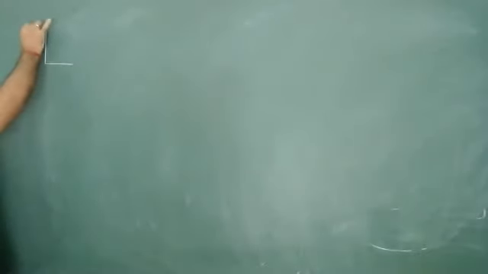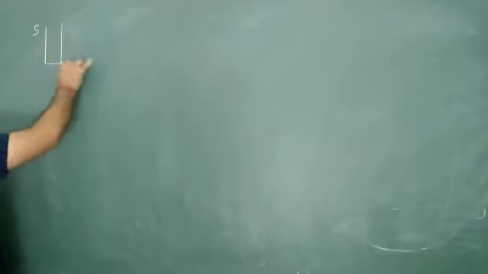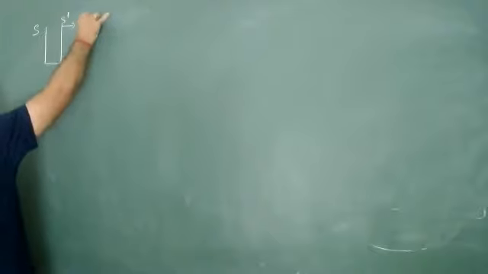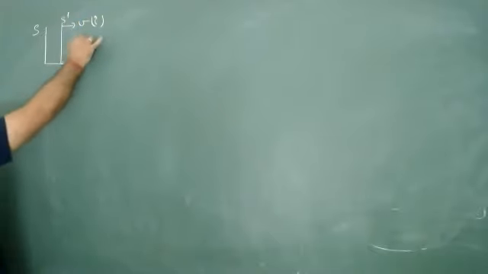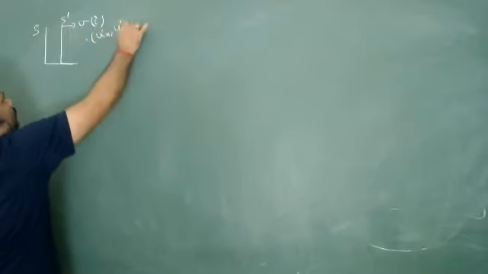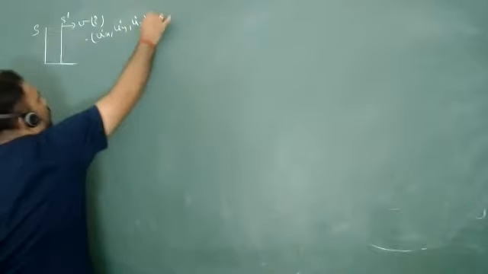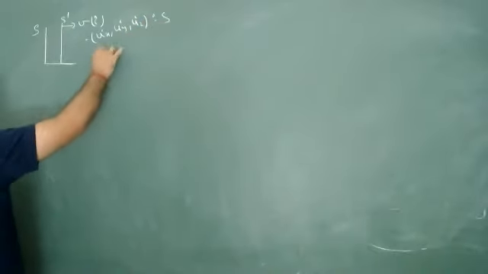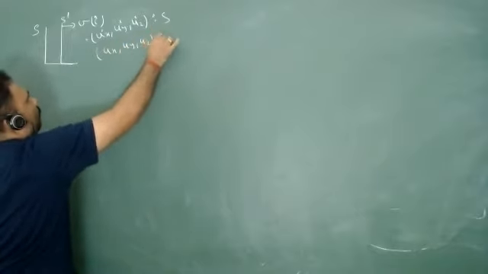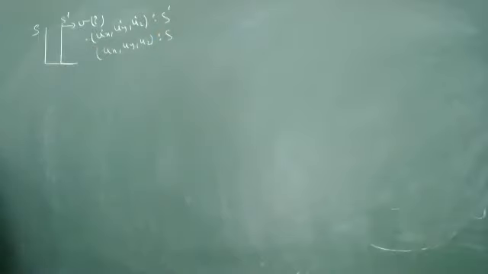So, what is my formula? This is my S frame. This is my S dash frame, moving with velocity v in i cap direction. I have a point with components ux dash, uy dash, uz dash with respect to S dash, and the same point has ux, uy, uz with respect to S. So it is moving along the X direction.